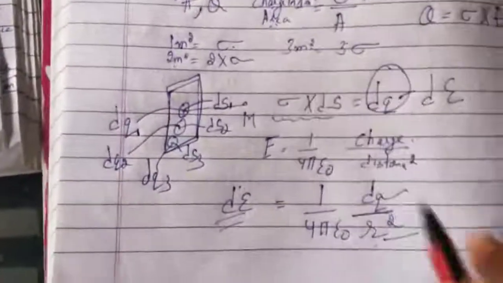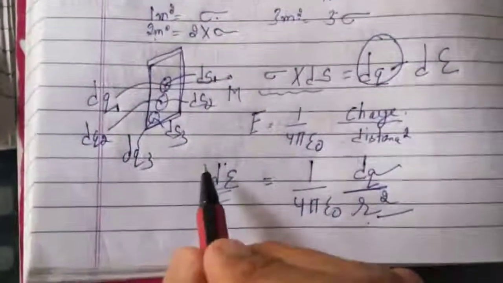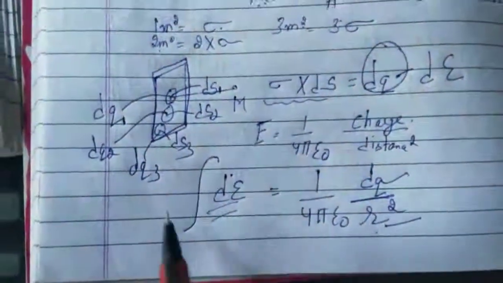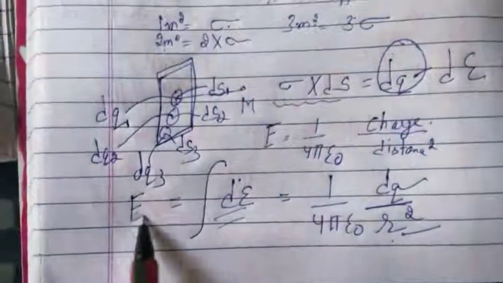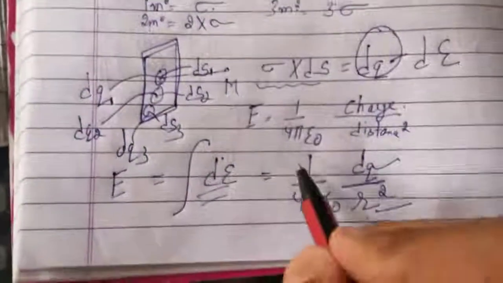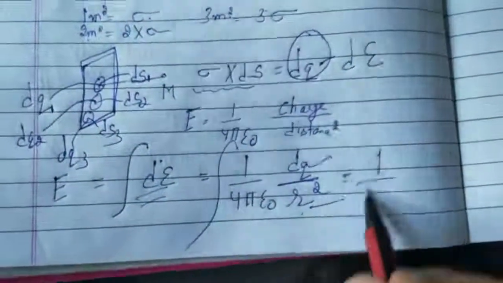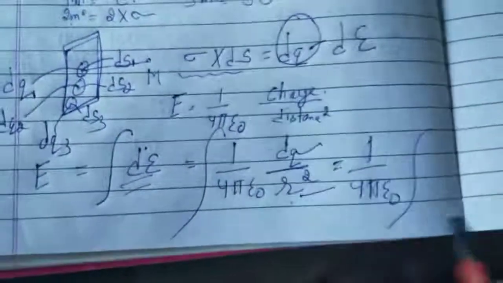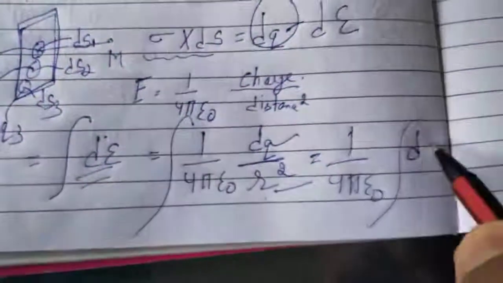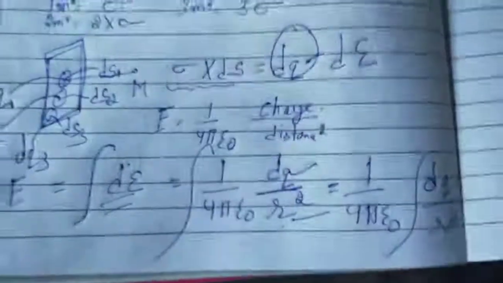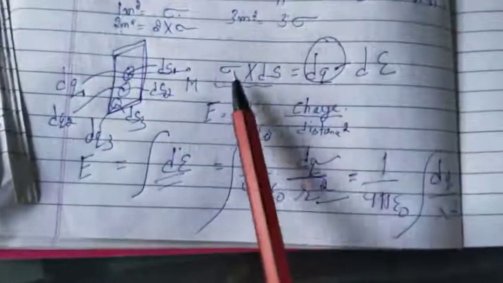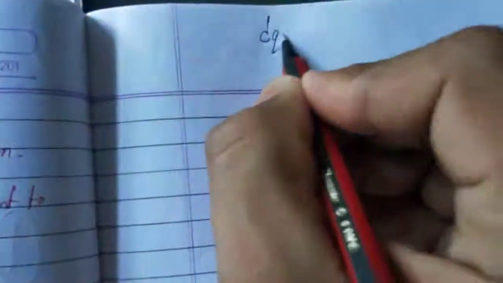So if you integrate dE over the whole surface, you will get the complete net electric field. In the integration, 1 upon 4 pi epsilon naught is constant and comes outside, leaving only dq upon r square. You know the value of dq, which we calculated: dq is equal to sigma into ds. Just put here the value of dq.